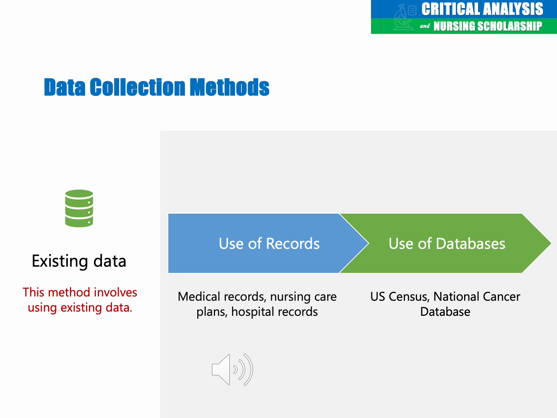First, it saves time and resources. Why? It has already been collected. Second, it allows access to a large, diverse sample size. Many of these data that have been collected contain a large amount of diverse samples. However, there are some cons when it comes to existing data. First, limited control over variables.